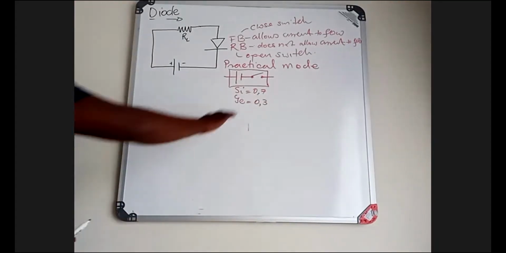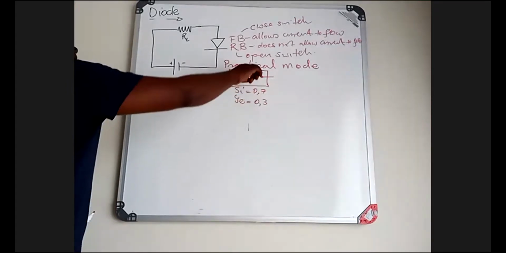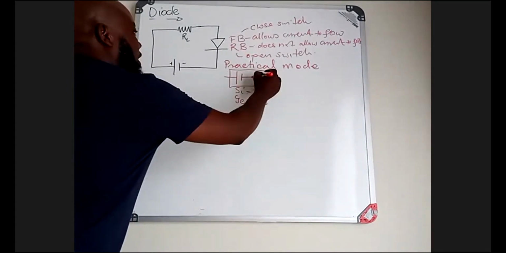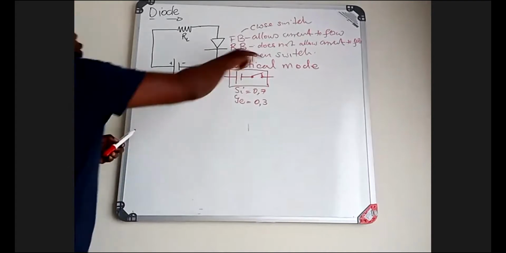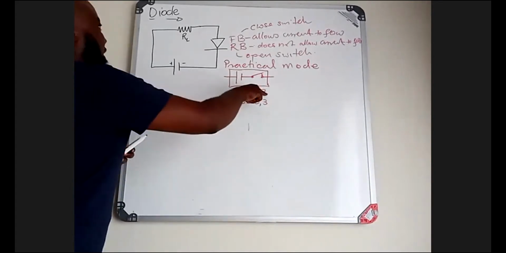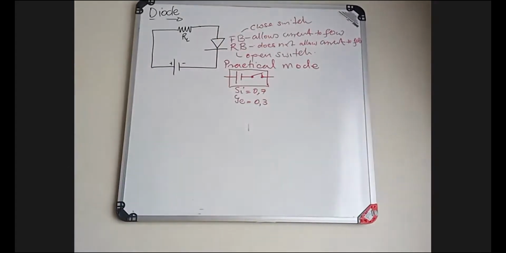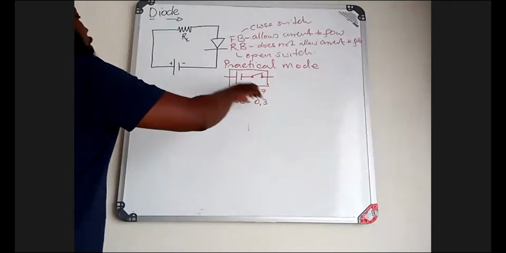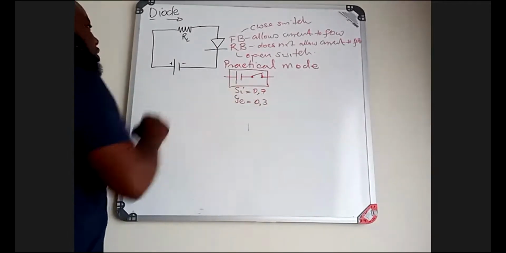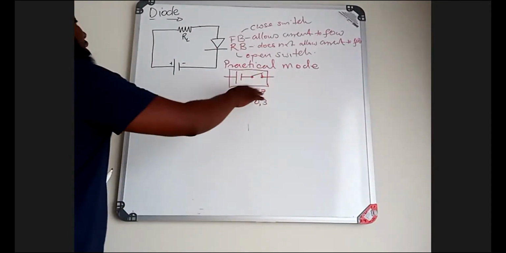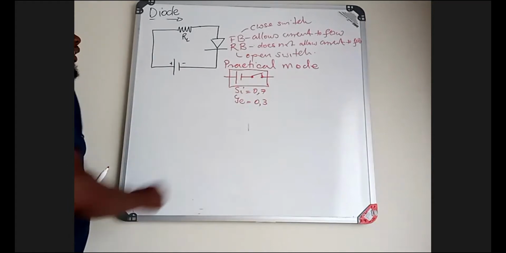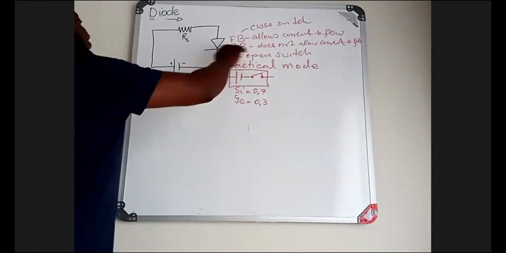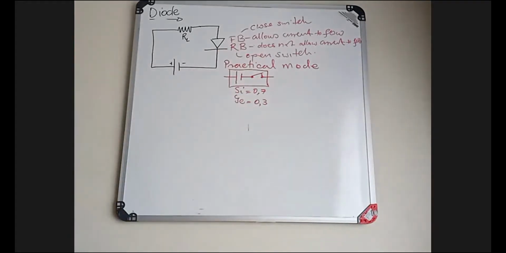If this voltage is reached, it forces the switch to close, and then your diode turns to forward bias mode. But if this voltage is not reached, this component goes into reverse bias mode, which means the switch is open.